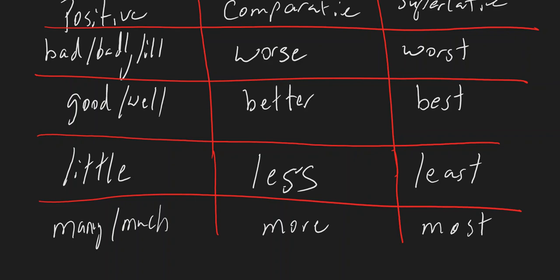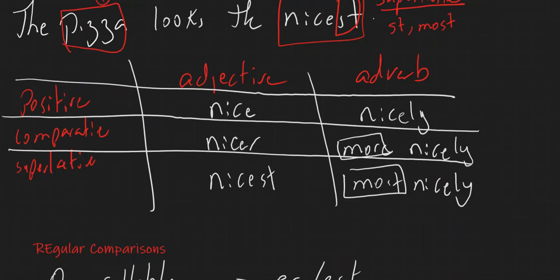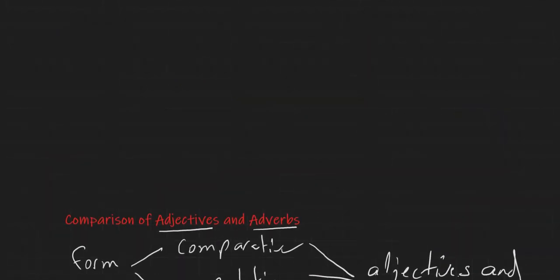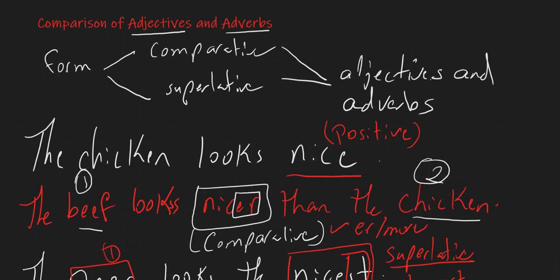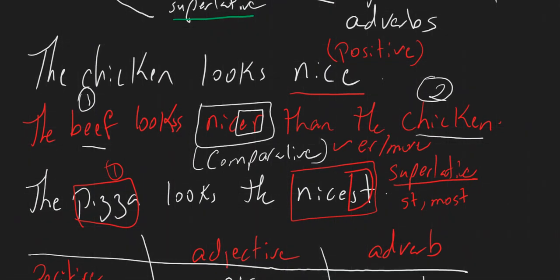So basically this is the comparison of the adjectives and adverbs. If you scroll up, just to give you a quick view about what we discussed so far, in the comparison of adjectives and adverbs, we have two forms, and when we want to compare, you have the comparative and superlative. If there's no comparison, then this is called the positive form. An example here is that the chicken looks nice.